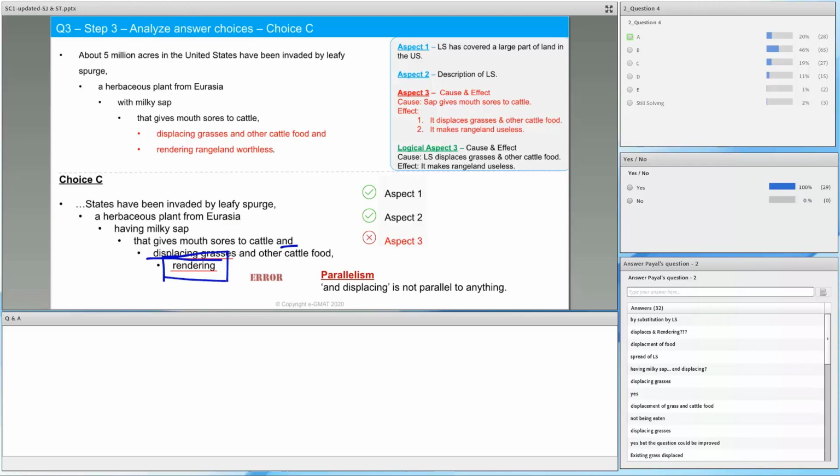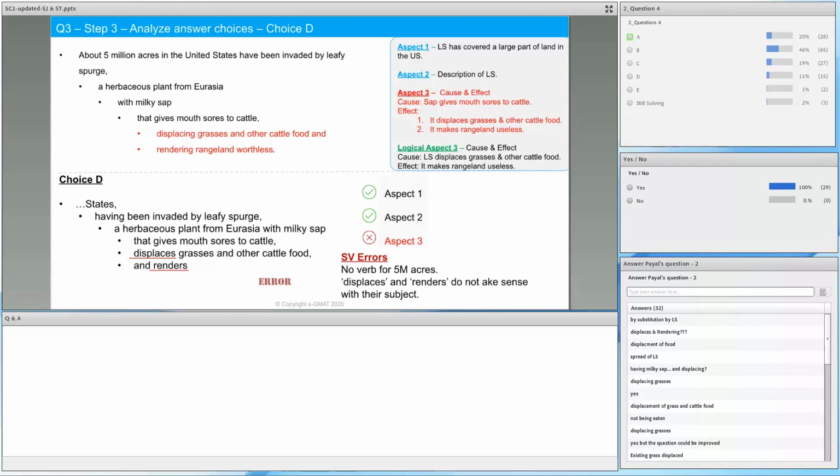It just does not connect logically or grammatically for that matter with any entity in the sentence. And because of this wrong entity before rendering, now rendering fails to connect with any logical cause in the sentence to present the logical cause and effect. Okay, so choice C is incorrect for this reason.